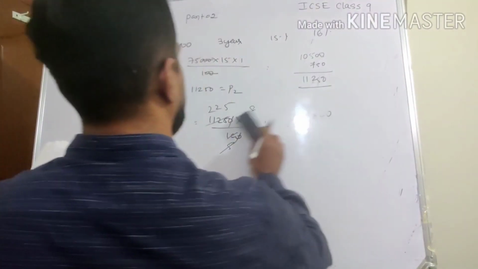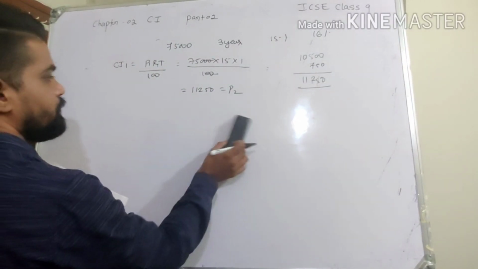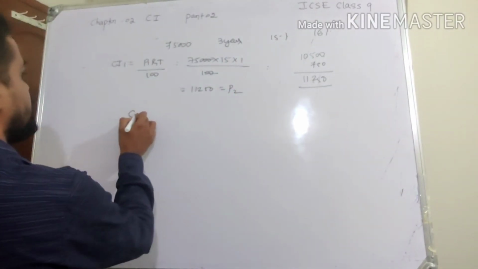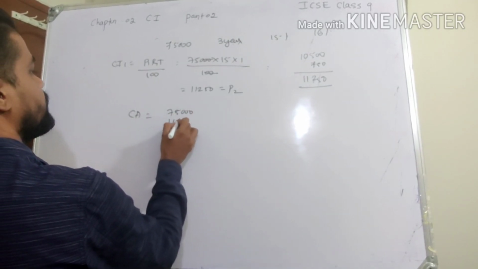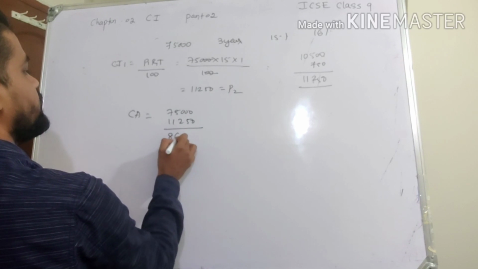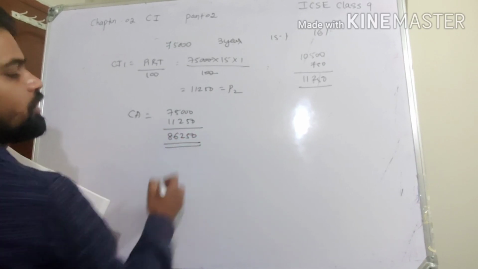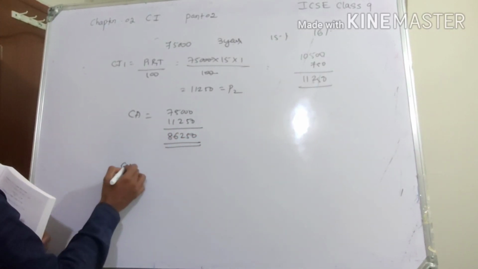Sorry for that. This 11,250 is not the principal, it is the interest. The compound amount is actually 75,000 plus 11,250, which will be 86,250. For this we have to calculate the interest for the second year.